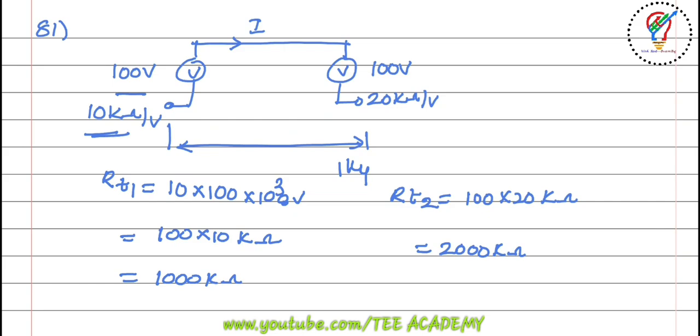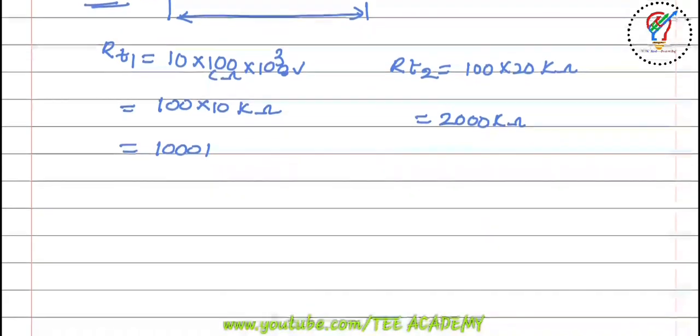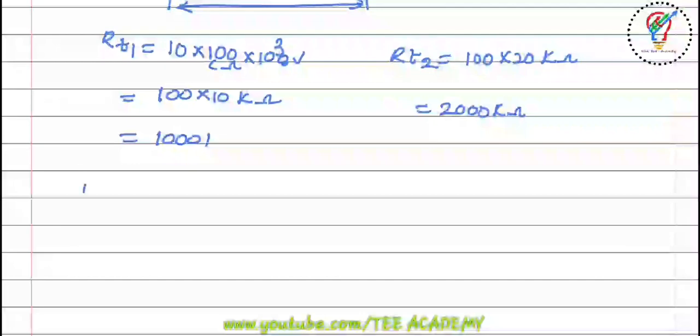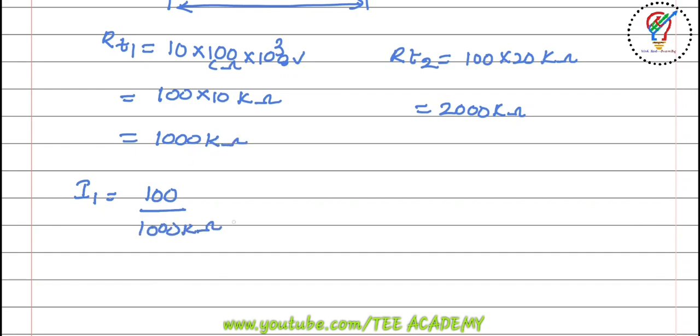The concept you need to understand is this. Now let's calculate the current carried by each element. Here I1 is equal to V, 100 volts, divided by 1000 kilo ohms, so 0.1 milliampere. Similarly I2 is 100 divided by 2000 kilo ohms, so half, 0.05 milliamperes.